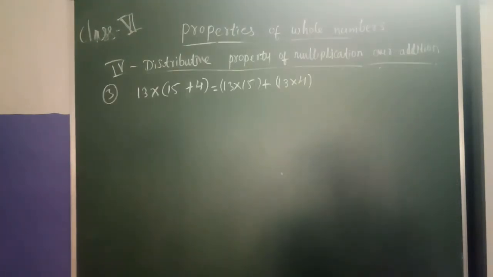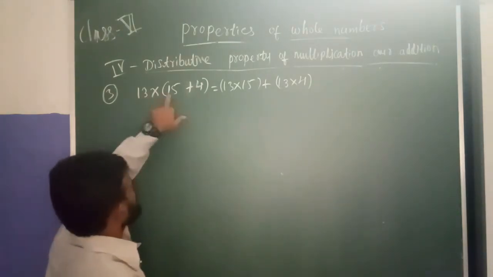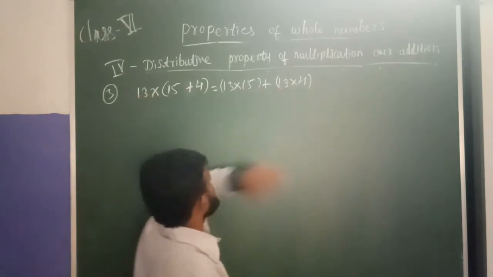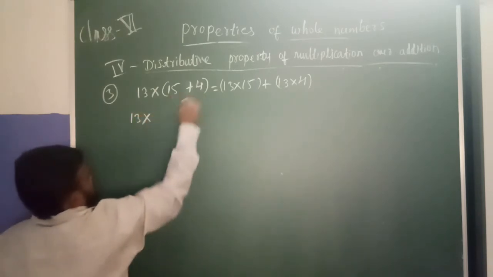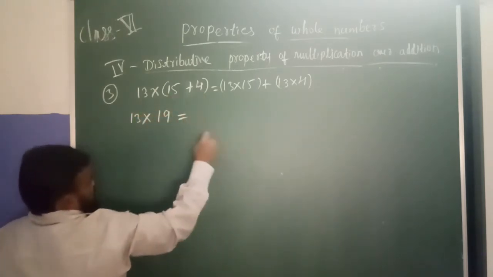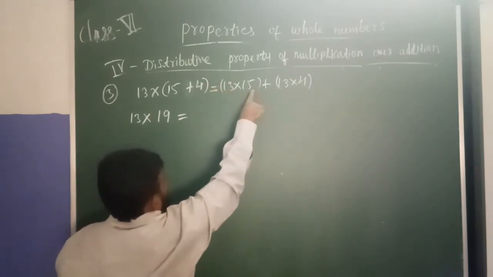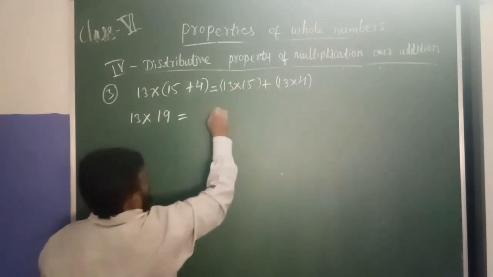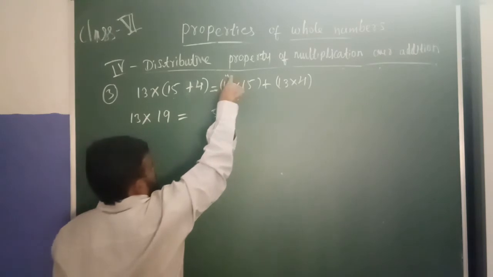Now the third one. 13 into (15 plus 4). 13 into 15 multiply, plus sign, and 13 into 4. Right? So here 13 should be as it is. 15 plus 4 is 19, is equal to 13 into 15. 15 3s are 45, carry 4. 15 1s are 15, 15 plus 4 is 19.